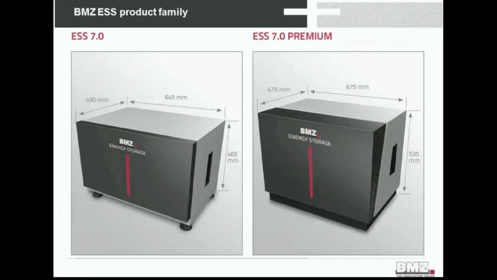And we have the ESS 7 Premium, which is the same battery, the internal battery is identical, but you have a housing which is nicer, or more sexy, or whatever you want. Of course, because this housing has welded edges and not only banded edges like here, the costs are a little higher. But the function itself is identical.